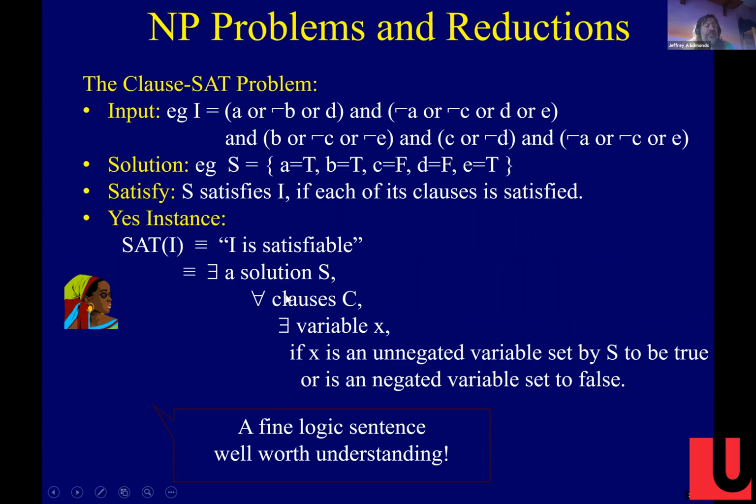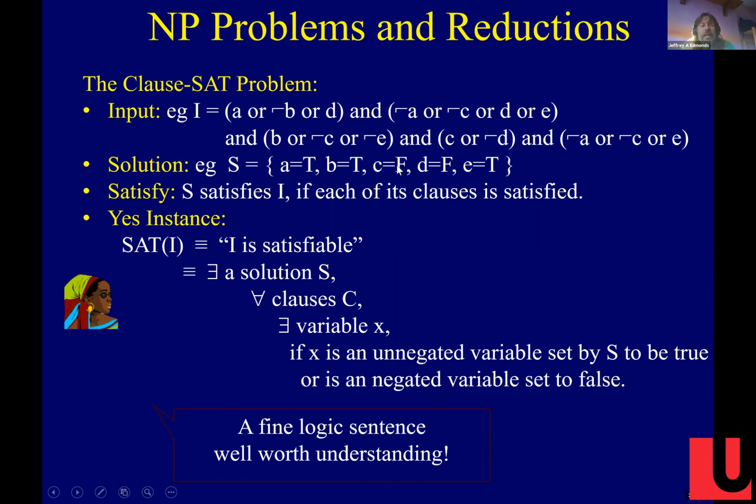And how does it satisfy every clause? For every clause, there has to exist a variable that's satisfied. And how does the variable get satisfied? Well, if in the instance the variable is unnegated, like this B, and you set B to be true, then that B is satisfied and it satisfies the clause.